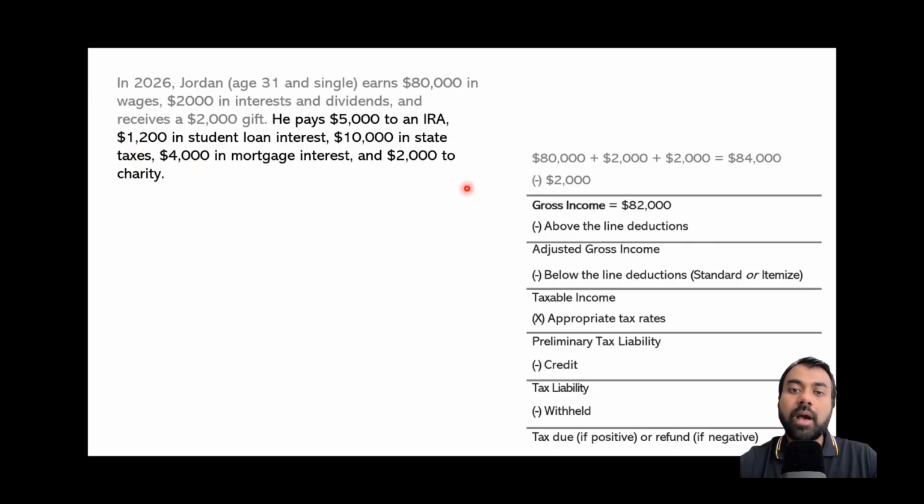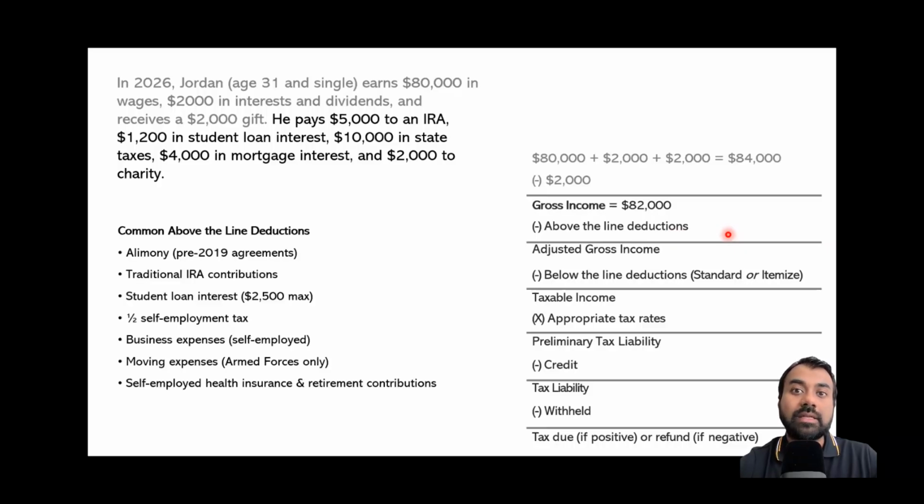Now, among all these expenses that we have been provided with, not all are above the line deductions. Some are above the line deductions and some are below the line deductions. But right now we are concerned only about above the line deductions. So let's learn about some common above the line deductions.